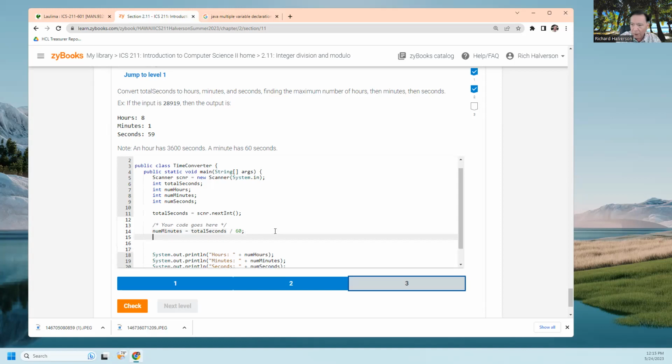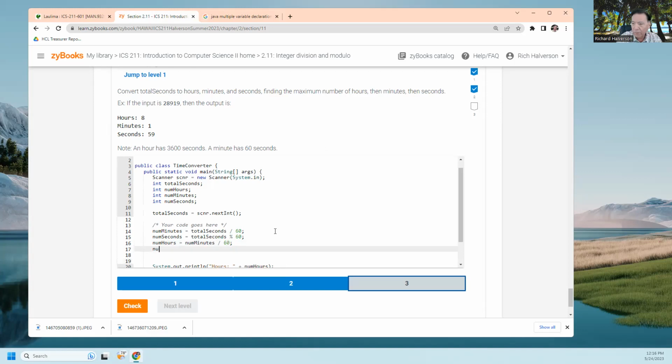I'm not done with that yet, but the num seconds equals, I guess it's just total seconds. Oh no, it's 60. All right, and then we have number of hours equals number of minutes divided by 60.